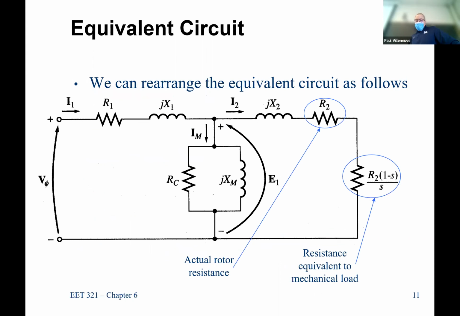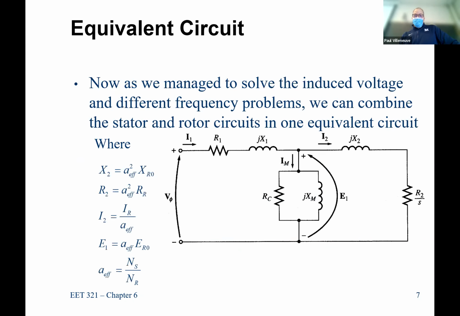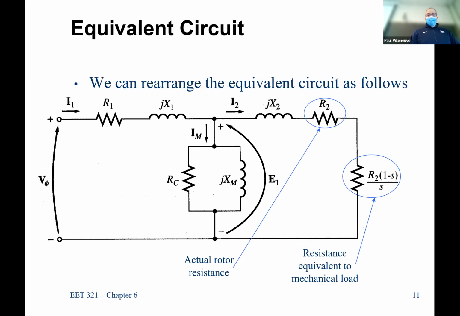All right, so let's take that equivalent circuit way back over here, the R2 over S, and let's break it down into 2 parts. Let's break it down into the I squared R losses. Those are I squared R losses. And what is this right here? That's P out.